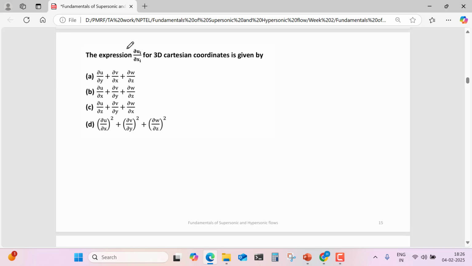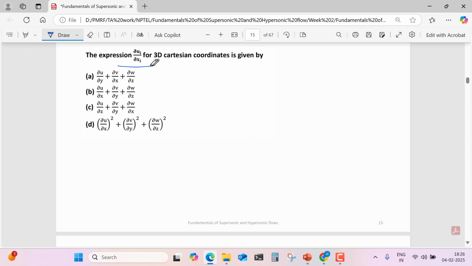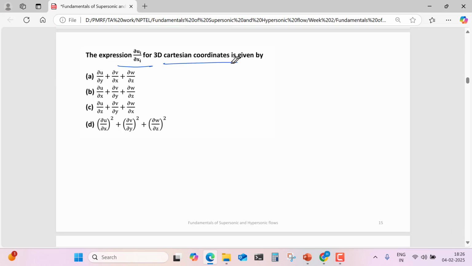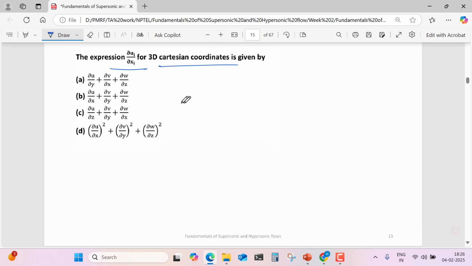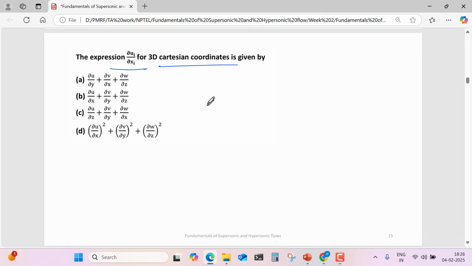So we have seen this already. The expression ∂u_i/∂x_i for 3D Cartesian coordinates is given by, so what is the answer for this? Just now we have expanded it.